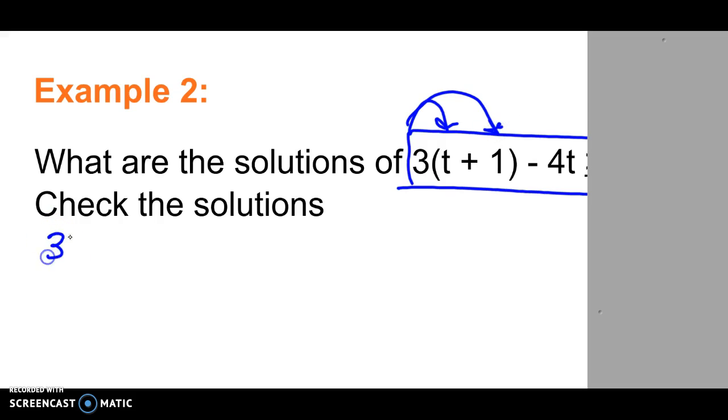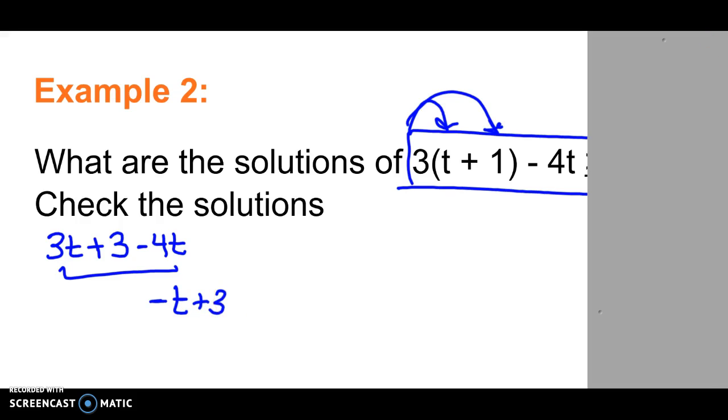So I have 3t plus 3 times 1 is 3 minus 4t. Now I can combine my like terms. I have 3t and 4t. That gives me negative t plus 3. So I've simplified that side of the inequality.